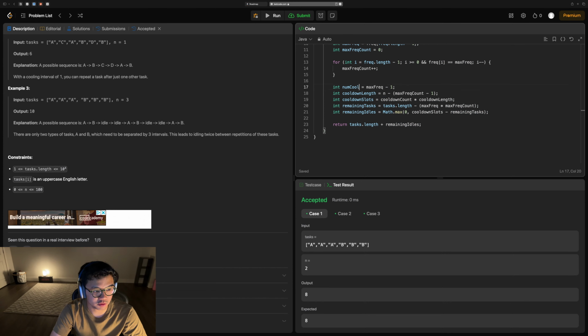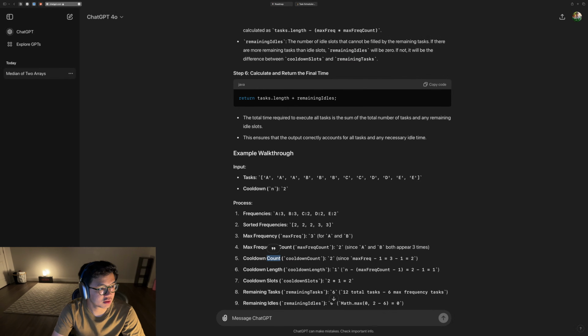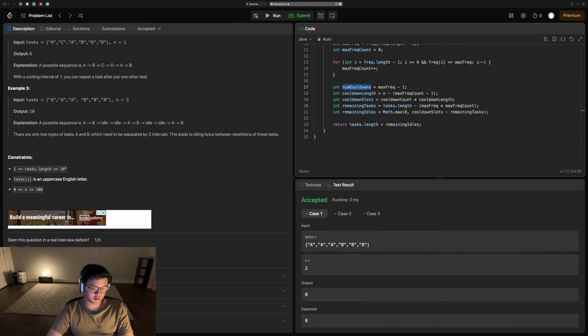Num cooldowns. The number of cooldowns times the length of cooldowns. Cooldown count is the same thing, and honestly, the variable name looks a lot better.